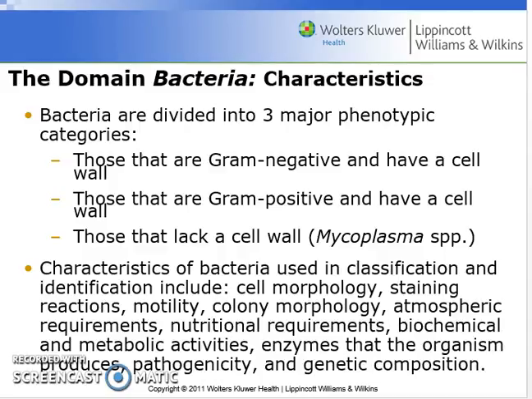Colony morphology, this is observing colonies grown on a petri dish. We also look at the atmospheric requirements in order to allow bacteria to survive, nutritional requirements, biochemical and metabolic activities, different enzymes being expressed by the bacteria, the pathogenic nature of the bacteria, as well as the genetic makeup of the bacteria. So all of those attributes are what we use to understand bacteria further.